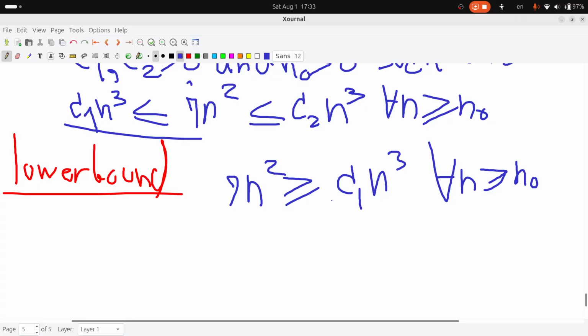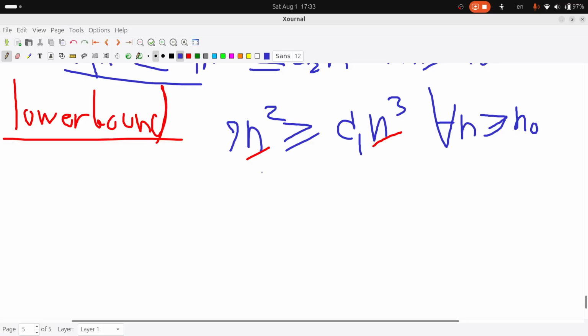This is the lower bound, and we find it is the same as the second problem, right? We know that n squared cannot grow larger than n to the power of 3, and we can prove it by contradiction, leaving the constant c alone.